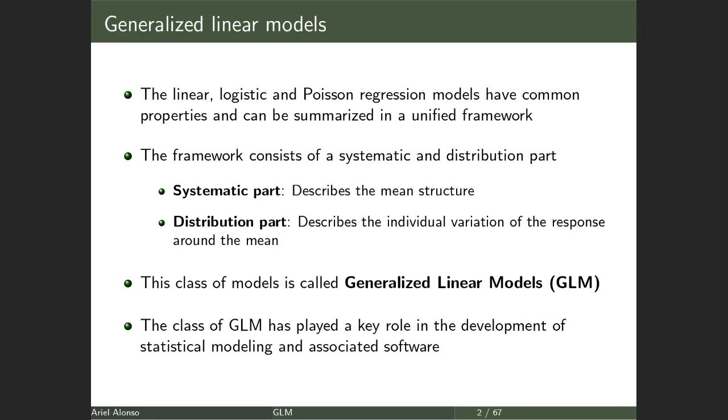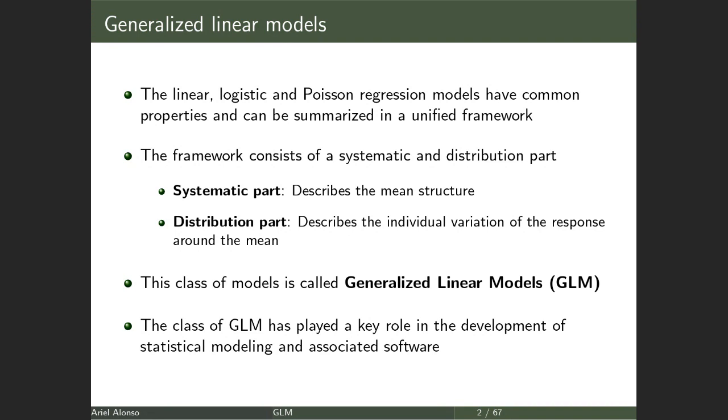That is what we are going to do today, but now in a completely general fashion, and this is what we call generalized linear models. Why linear? Well, these models are non-linear models in general, but they are based on a linear predictor. So you model the mean using a linear predictor of your covariates.